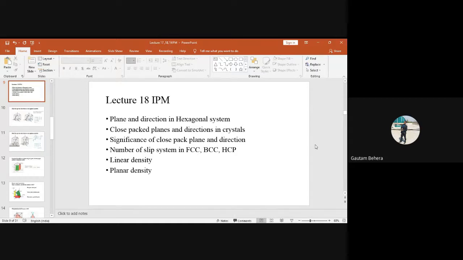Suppose you want to find a crystallographic direction in a hexagonal close-packed or hexagonal structure. The first step is to find the 3-coordinate system, the Miller indices kind of thing. Then you can convert that into the 4-coordinate system and you will finish with that.